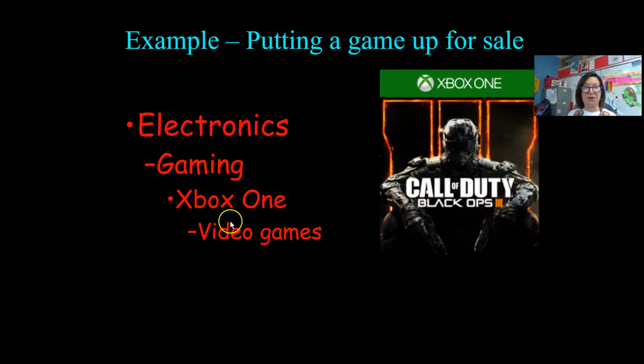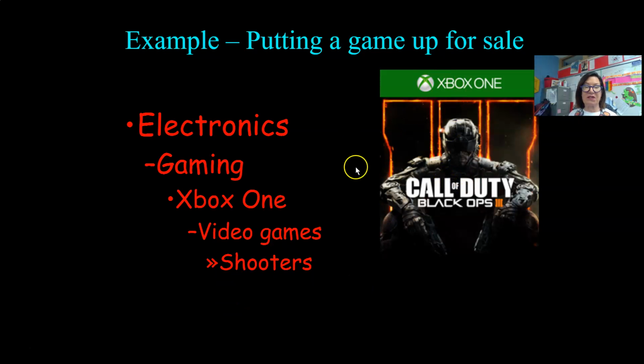Then under that, I would go to gaming because it's a game, right? And then under that, I'd have to put Xbox One because it's not for PlayStation. It won't work with PlayStation. So I have to put what electronic it would work with. Then, since it's a game, I'll put video games and then shooters.